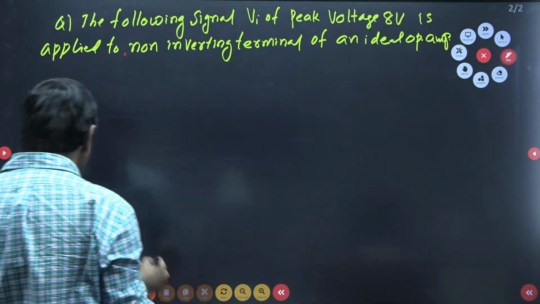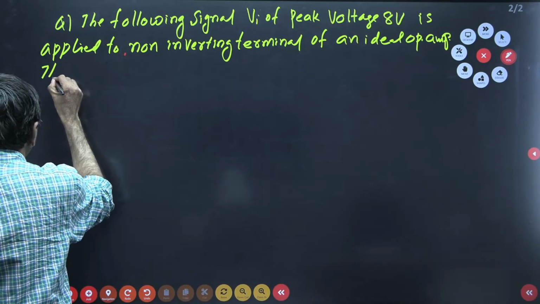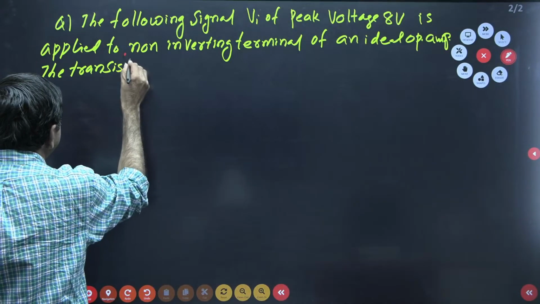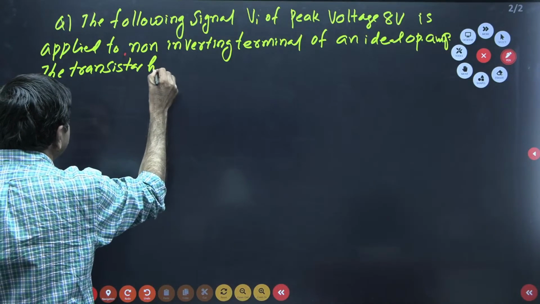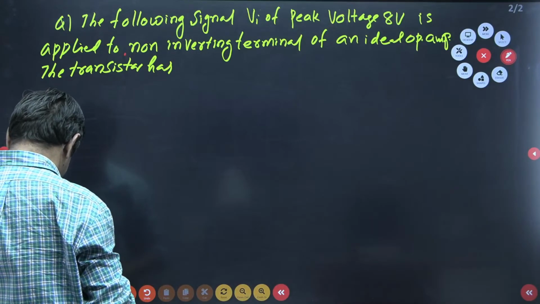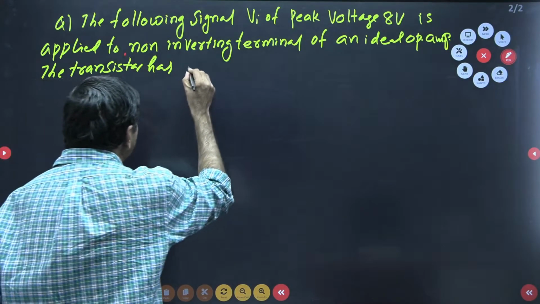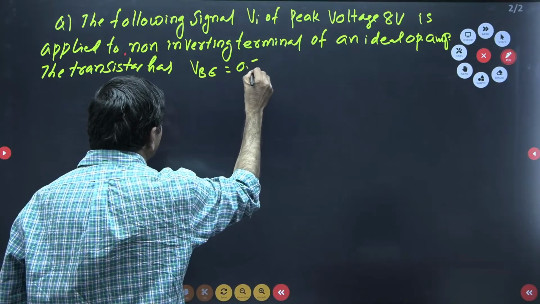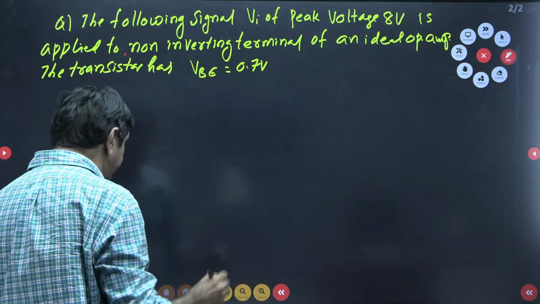The transistor has VBE equal to 0.7 volts, beta equal to 100.